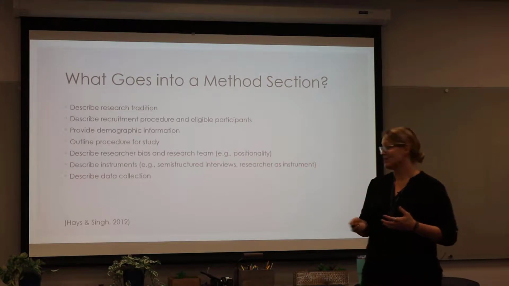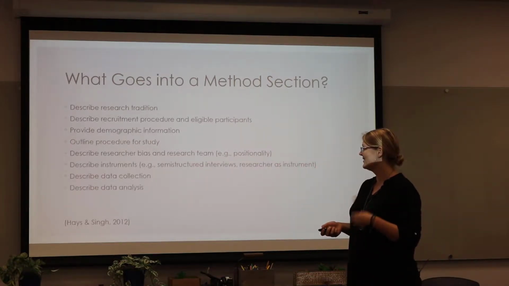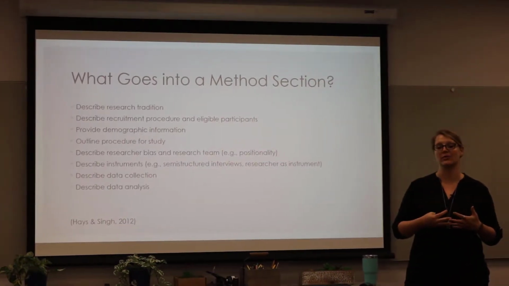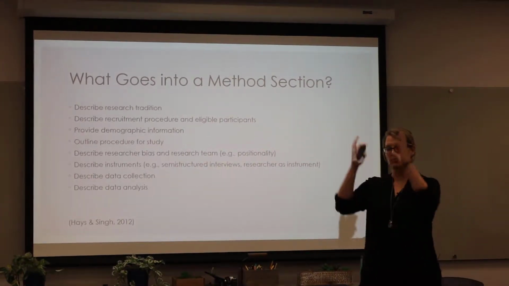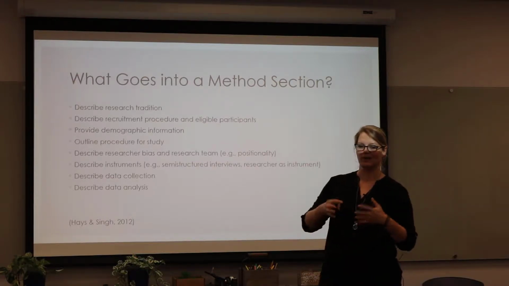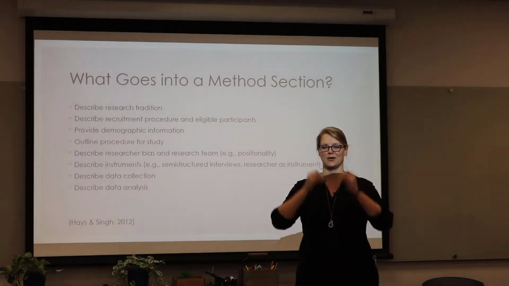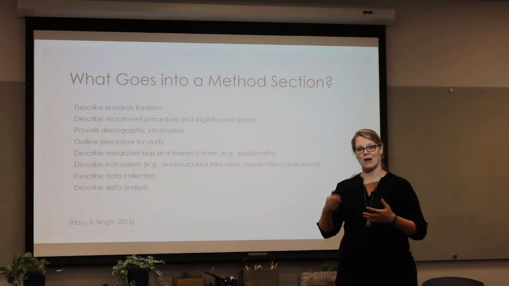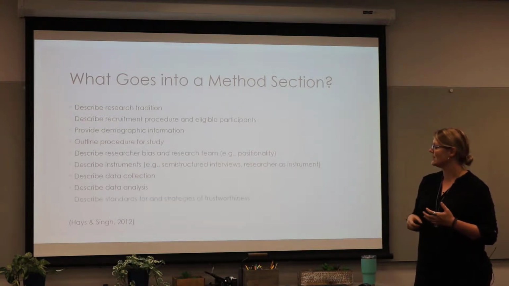You describe the data that you collected, the data analysis. So what steps did you take to analyze your data and come up with your results? And it's really important that you're really transparent. In qualitative research, a lot of it is very procedural, and there are a lot of steps in data analysis, so it's really important that you describe those in your method section.